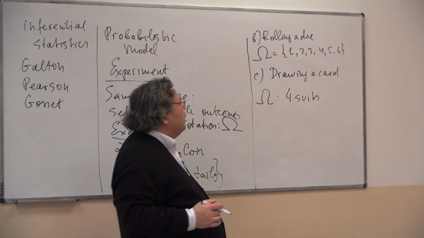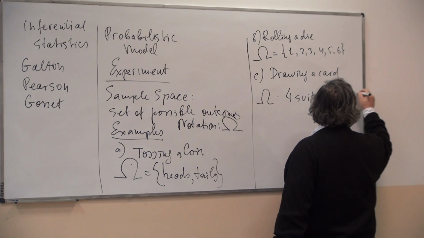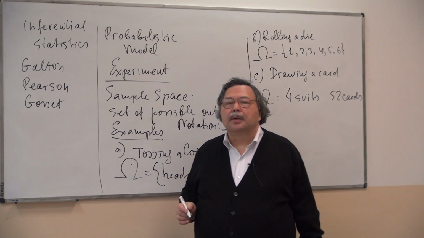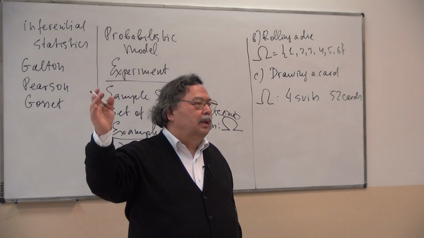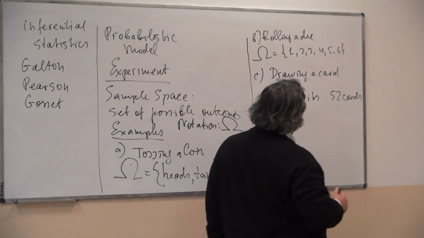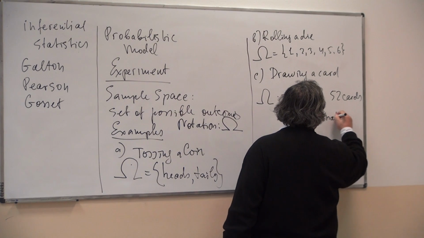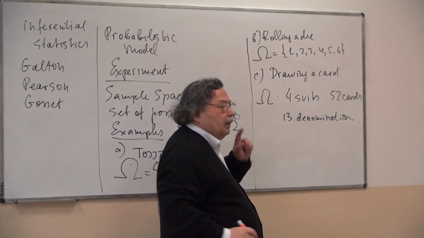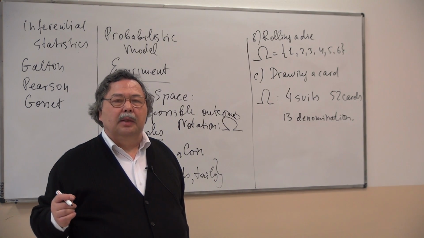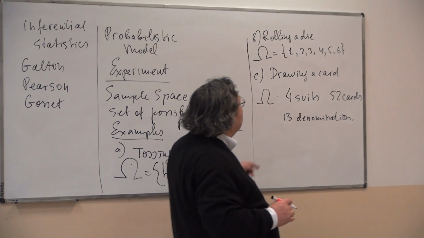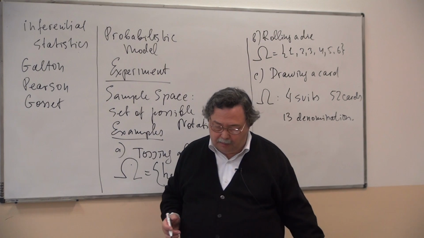Because we have 52 cards in total, each suit contains 13 cards. Also, there are denominations, from 2 to ace, and there are 13 denominations. Again, simple enough. If we draw a card at random from a standard deck, the complete list of outcomes has these 52 possible outcomes.